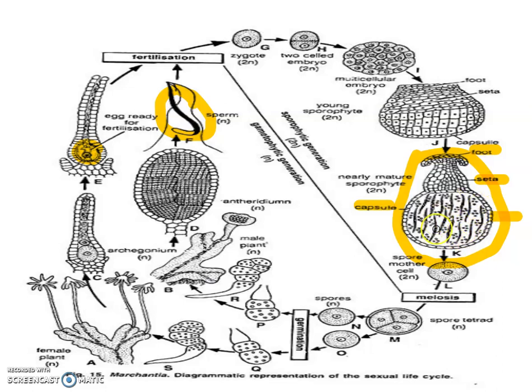In this capsule, there is a formation of spores. These spores are formed asexually in the capsule. This is a spore mother cell, and one spore mother cell divides meiotically and forms four haploid spores.